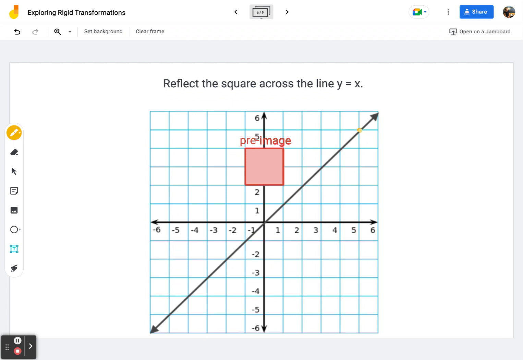So this point right here has coordinates (5, 5), (2, 2), etc. Now, when we reflect a figure across that line, imagine going diagonally. Every pre-image point is the same diagonal distance away from the line of reflection as the image.